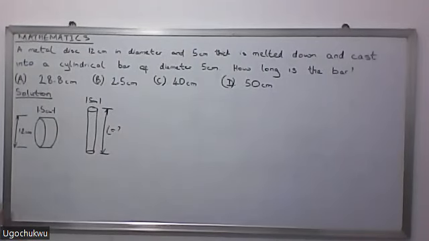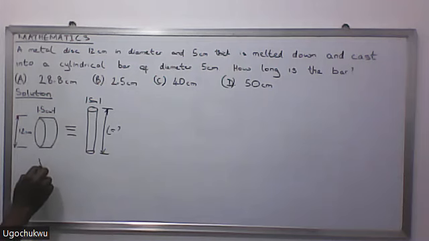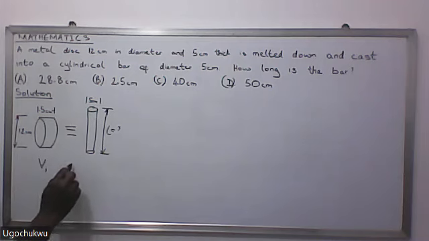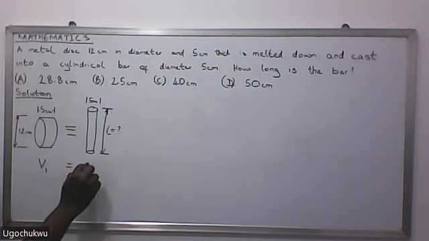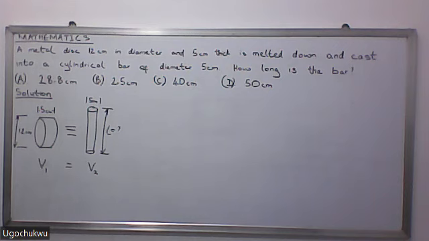So when we melt down a disc and cast it into a cylinder, what is going to be the same on both sides? It's going to be volume. So the volume of this disc will be the same as the volume of this cylindrical bar. Volume here is pi r squared h.